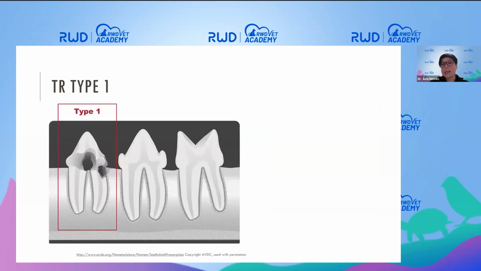Once we diagnose the stage, and we said that if the lesion is exposed to the oral cavity, we need treatment, then we also need to determine the type of tooth resorption, because type is the thing that actually guides our treatment. So-called type 1 tooth resorption means that radiographically we will clearly see the ligament around the root.